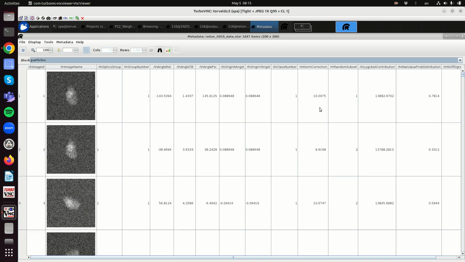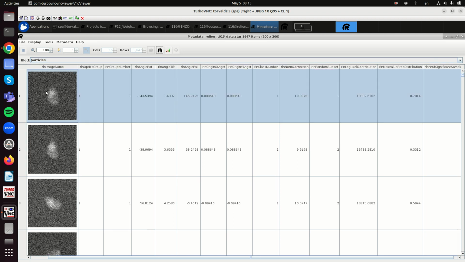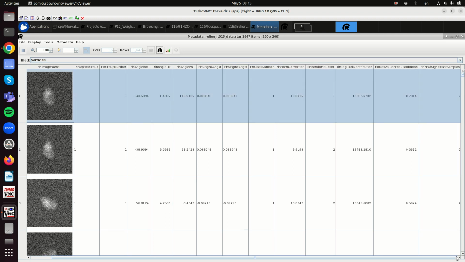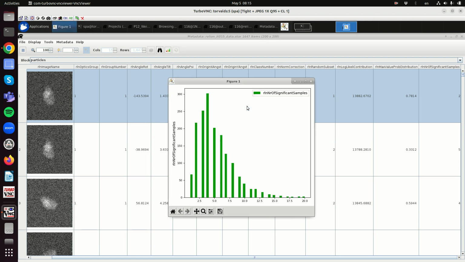Actually Relion reports the number of projection directions for which this image has a significant weight, and it is 25 for this one. We can compute the histogram of this. If you compute the histogram, what you see is that most of the images get 4 values, so 4 possible locations with a significant weight.